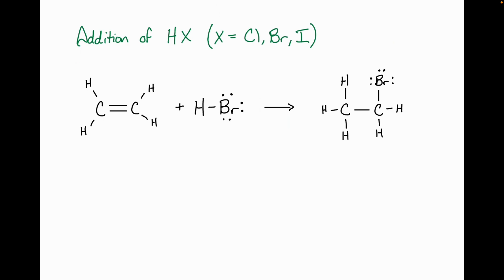Okay, so to be clear, this hydrogen in HBr is now one of my new carbon-hydrogen bonds, and my bromine in HBr is now added to the other side. All right, so I have an addition reaction with that hydrohalogen, in this case HBr. Okay, and this is a very normal way to look at chemical reactions using this chemical equation.